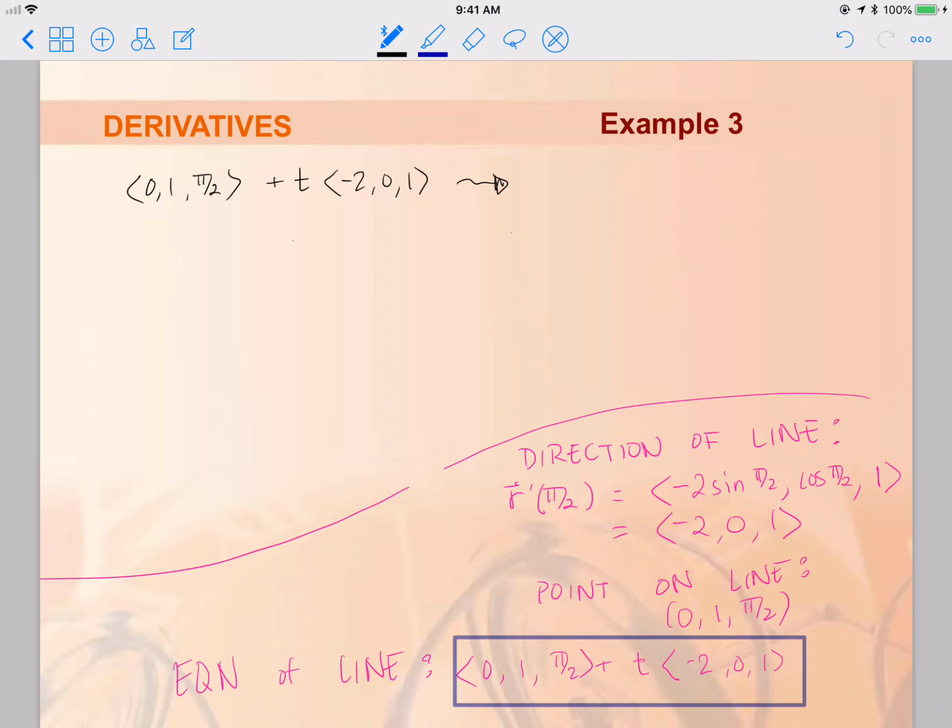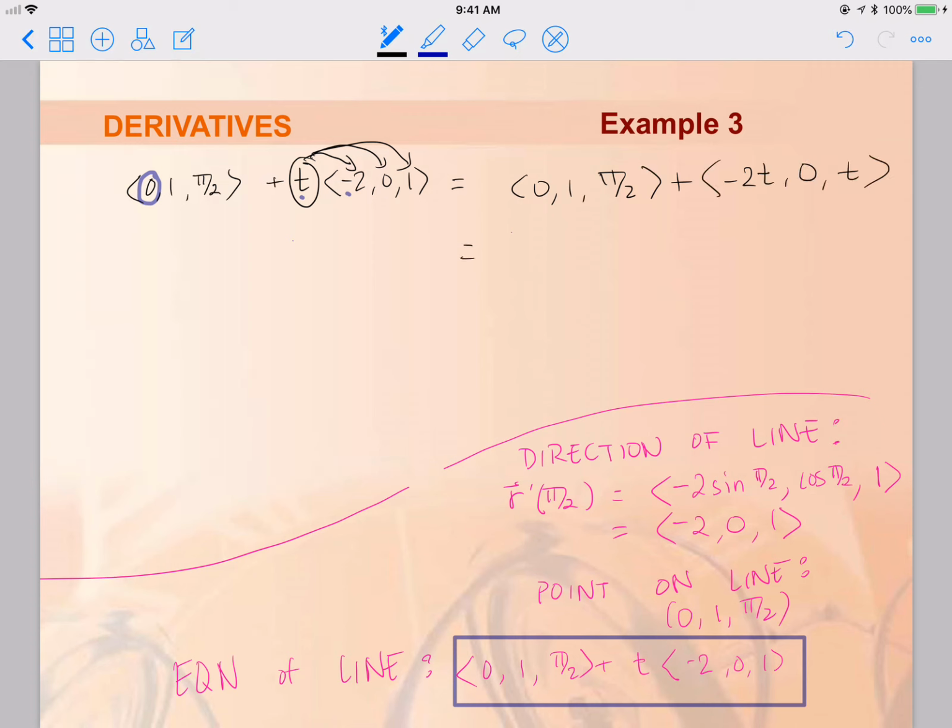So all I can do is I can just say x is equal to this plus this here, right? So let me show you how we're doing that. I can rewrite this as 0, 1, pi over 2, plus, now this t is a scalar, so I can just multiply it in component-wise. So I've got -2t, 0, t, right?